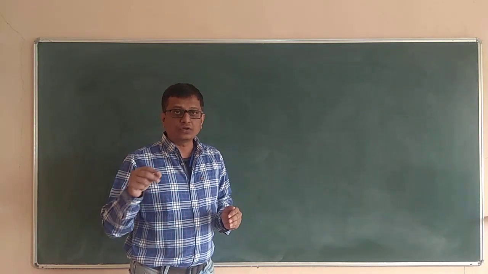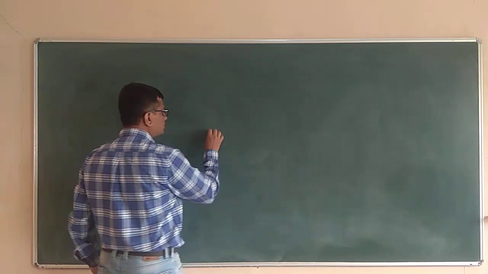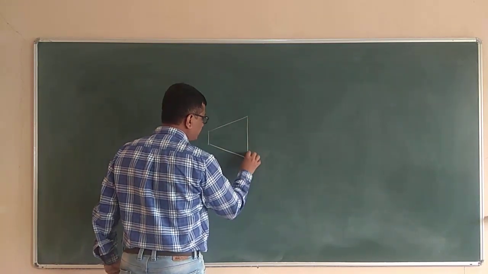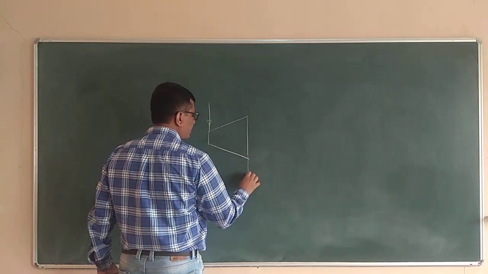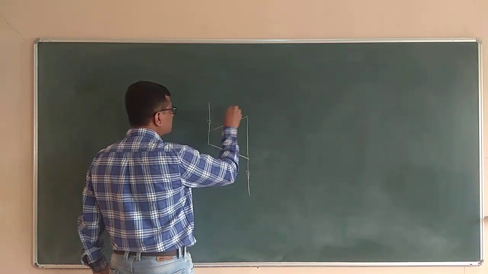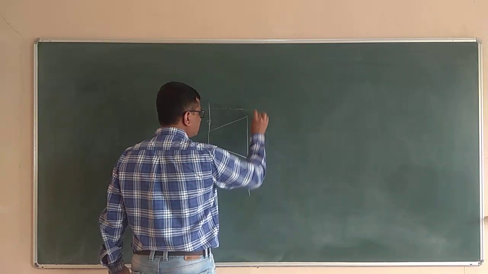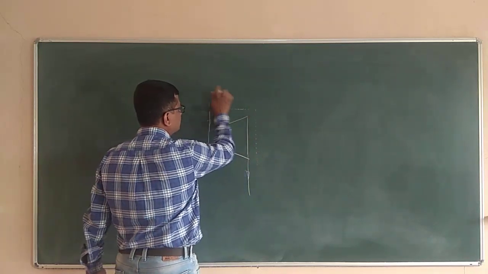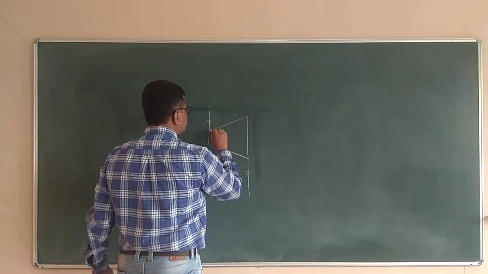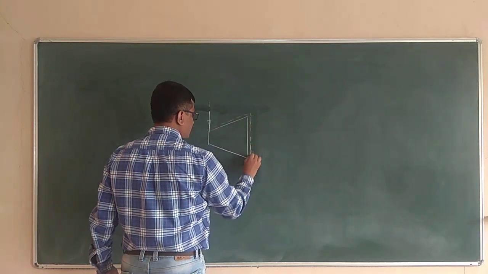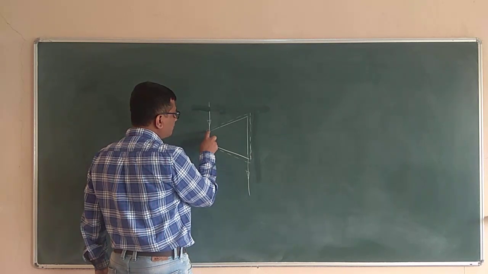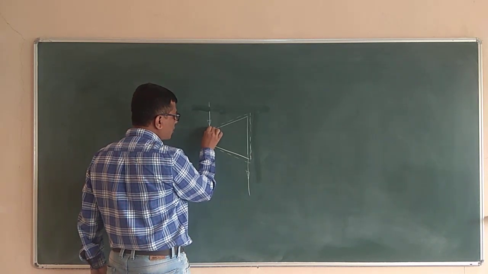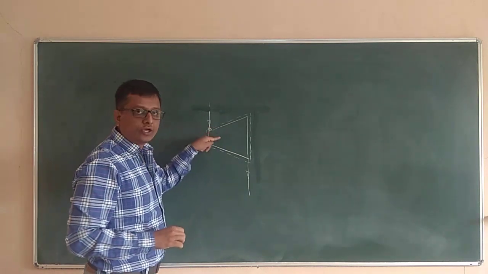If I draw the diagram of that, say this is the turbine, this is the steam going in and this is the steam going out. If I consider this much as the system, this is the thermodynamic system, then mass is crossing the thermodynamic boundary here and coming into the system.